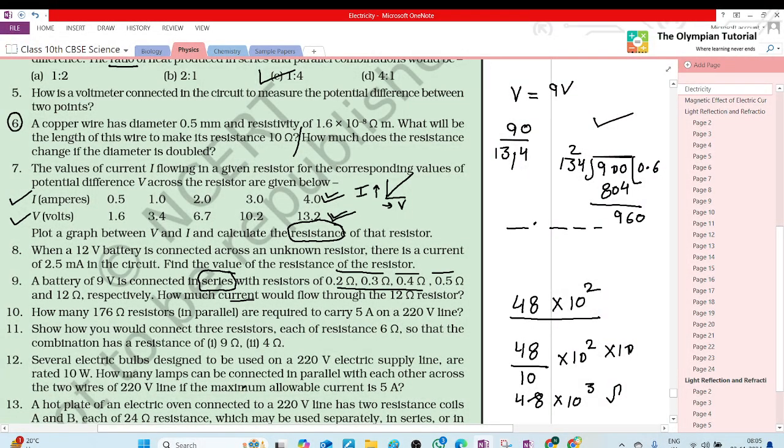Again 0 and it will go 7 times. 938. And here 134 ones are 134. 0.671 would be the answer.